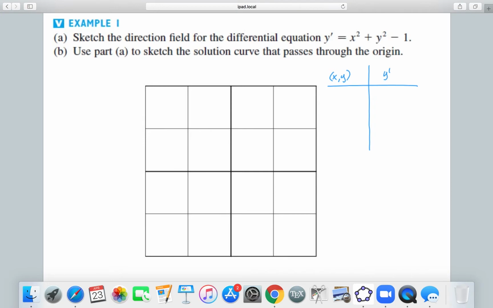All right, well, let's start with the origin. So 0, 0, and we're doing 0 squared plus 0 squared minus 1, so that would be negative 1, right? Let's see, let's do 1, 0, so 1 squared plus 0 squared minus 1 is 0. Do 0, 1, also going to get 0.